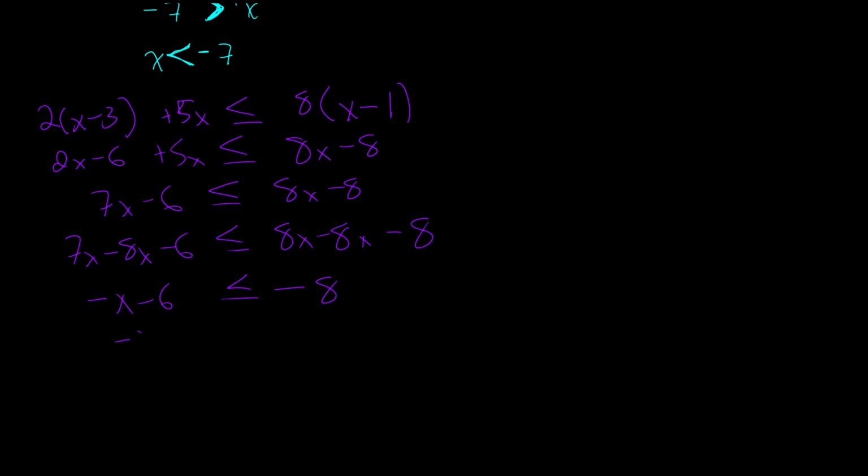I'll add 6 to both sides, which is negative 2. And now I need to divide by a negative. But when I divide by a negative, it's going to flip this over. So negative x divided by negative 1 is greater than or equal to 2.